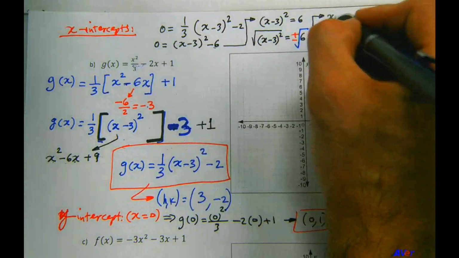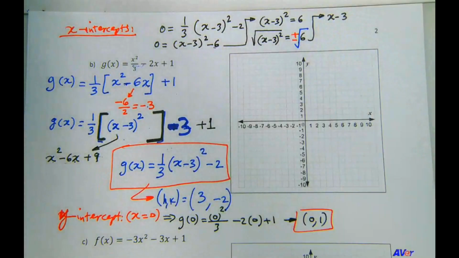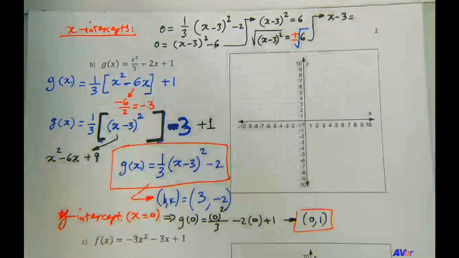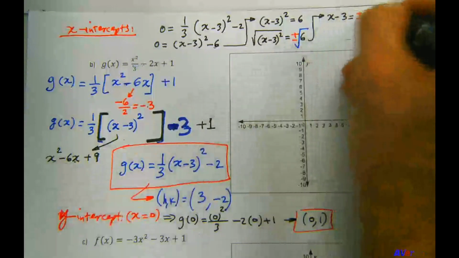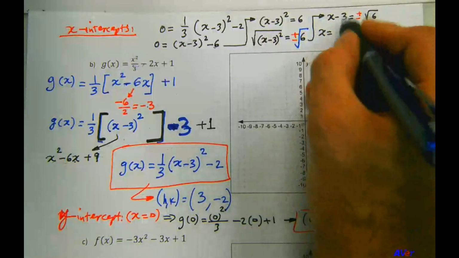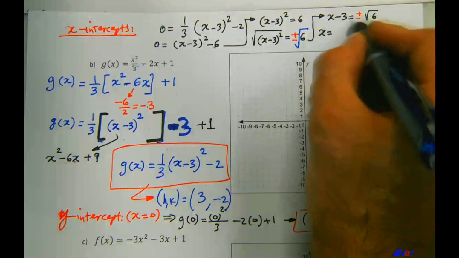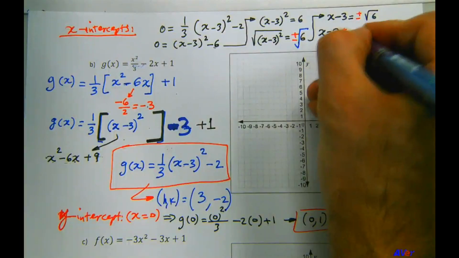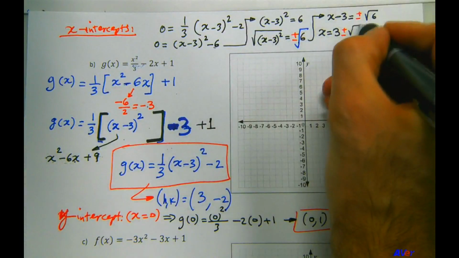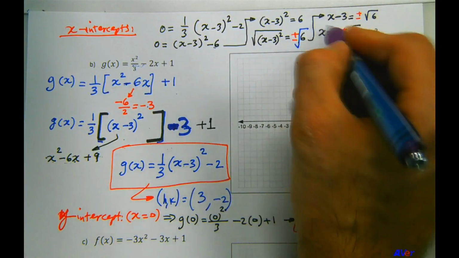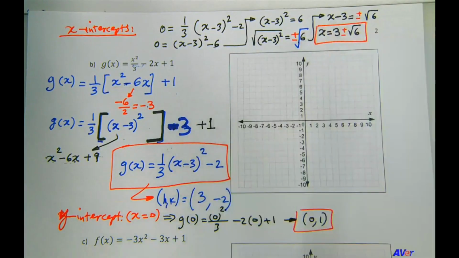So we have x minus 3 equals plus or minus square root of 6. So the x-intercepts are x equals, move the negative 3 to the other side. When you move it across the equality symbol, it becomes positive 3 plus or minus square root of 6. So those two are our x-intercepts.